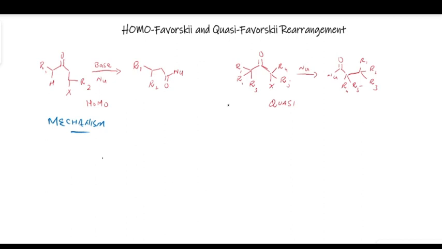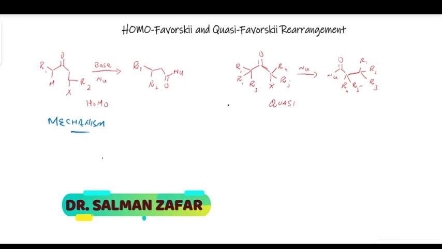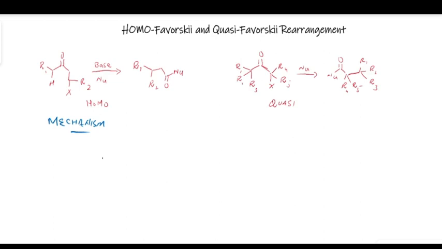Right, so Homo Favorskii rearrangement is a type of reaction in which we have a beta haloketone. You can see here that we have this halogen at beta position with respect to the carbonyl or the ketone, and in this starting material we must have an enolizable ketone, or you can say that we must have an alpha hydrogen.